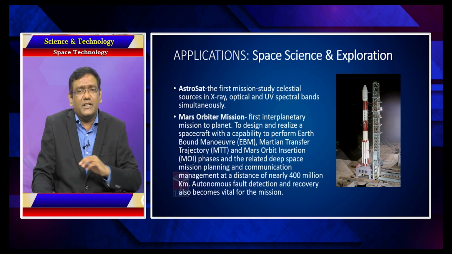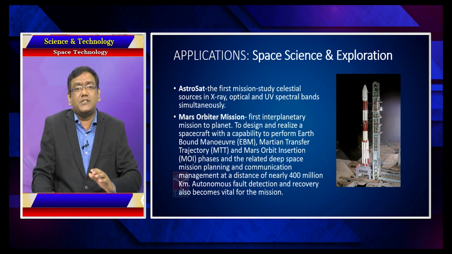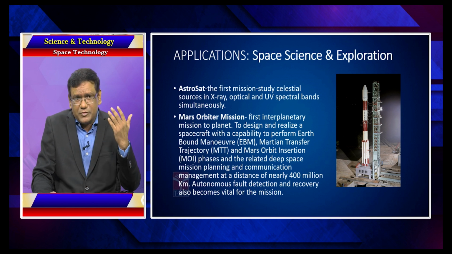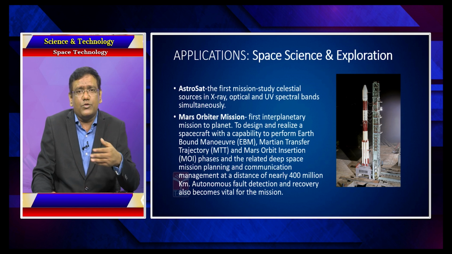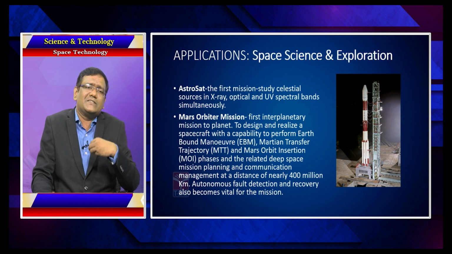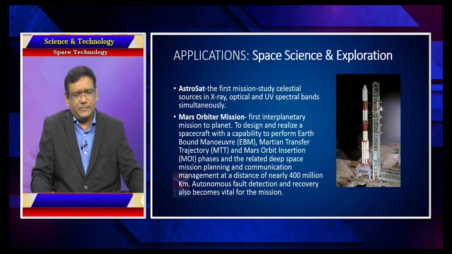Apart from this, the deep space related mission planning and communication management at a distance of nearly 400 million kilometers. So when you take the satellite to a distance of 400 million kilometers, we need to have some sort of autonomous fault detection and recovery mechanisms also. So these technologies are performed and tested in this MOM mission.